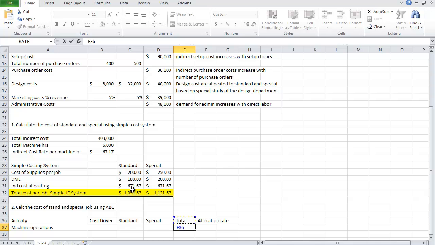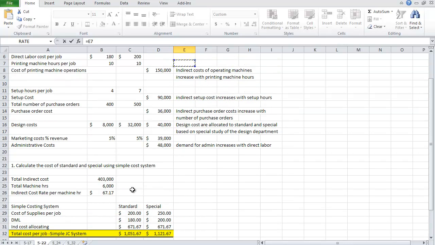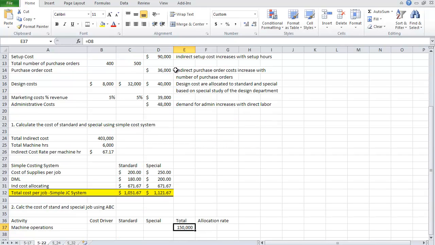So we know that the total machine operations is $150,000, and it tells us that the indirect costs are going to be increased with printing machine hours. So printing machine hours is what we're going to look at. So from that standpoint, we're going to put this as machine hours so we remember how we're going to spread this.